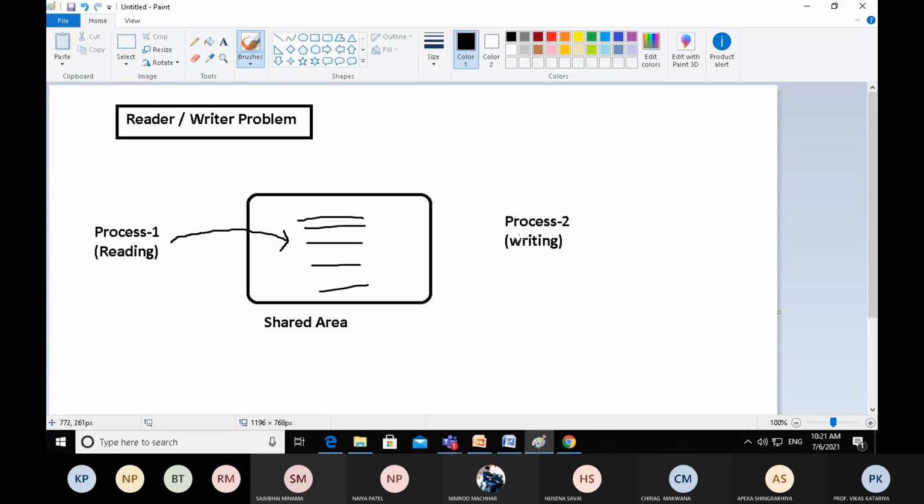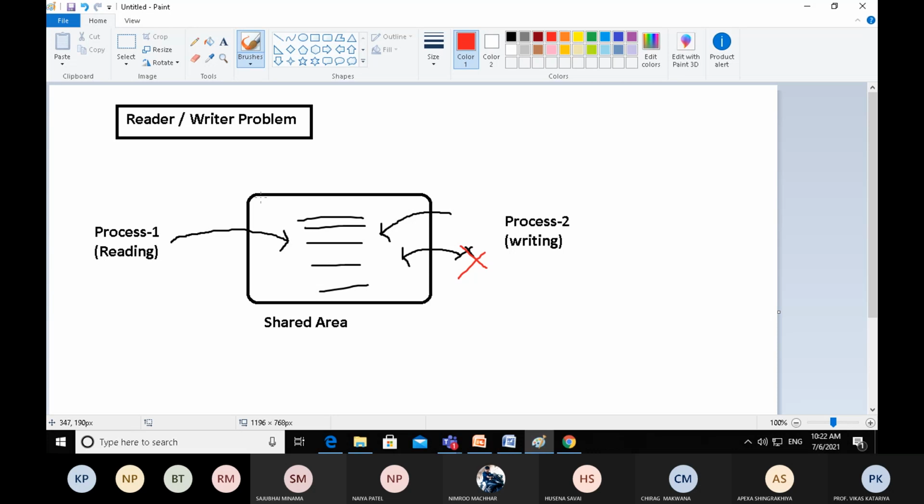But process 2 belongs to the writing process, and if process 2 enters the critical section and manipulates the data structure or writes into some file, then we cannot allow more than one process to enter the critical section for writing purposes. So the second process should not be allowed. For writing we should allow a single process into the critical section, but for reading we can allow any number of processes to access the shared area simultaneously.